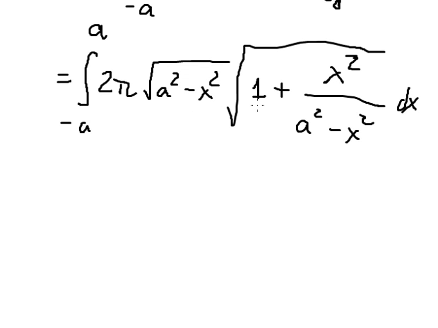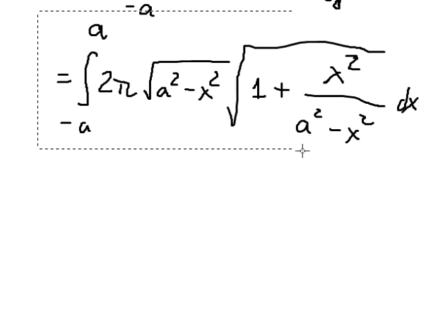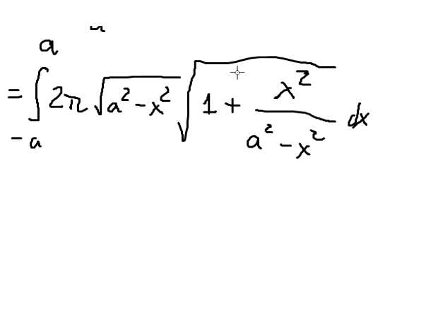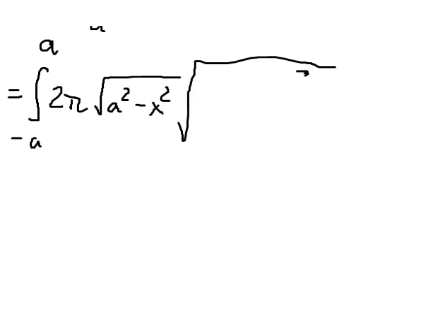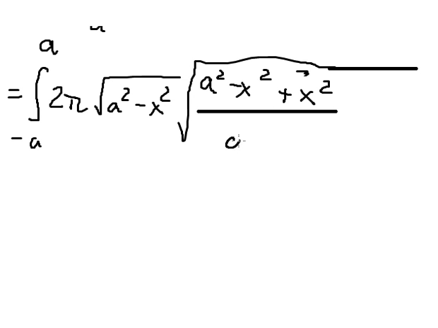Now the number 1, we can change into a squared minus x squared over a squared minus x squared. So x squared and x squared we cancel.